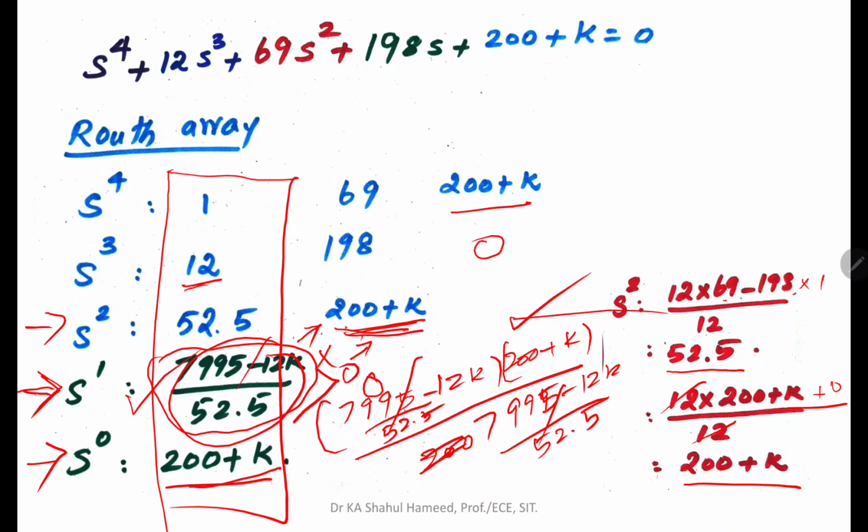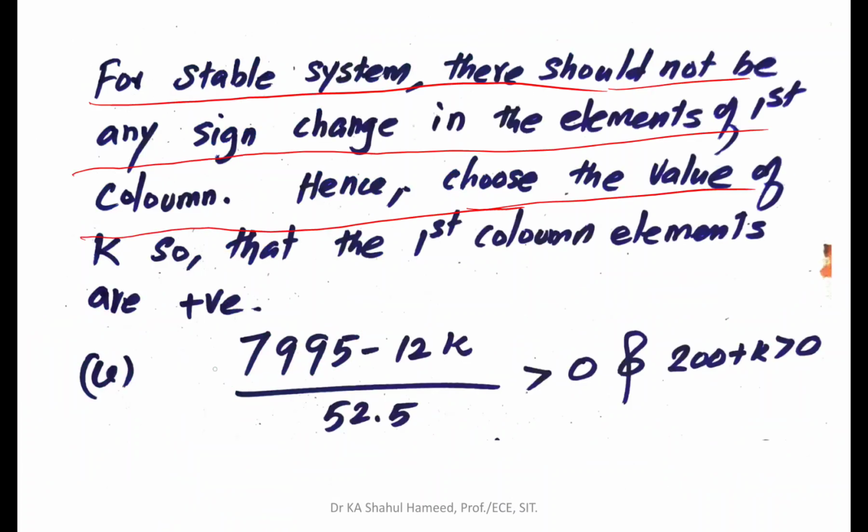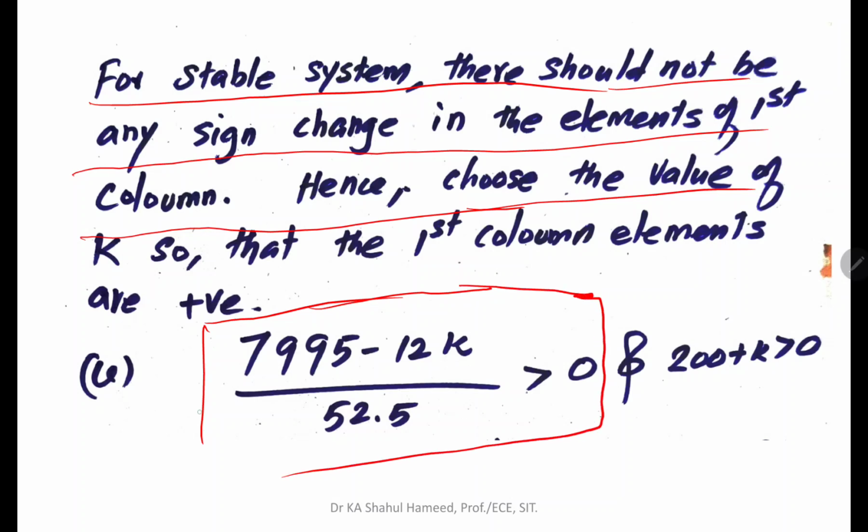So 7995 minus 112k divided by 52.5 should be greater than 0. This is one condition, and also the last row, 200 plus k, should be greater than 0. So we have to solve for these two conditions.